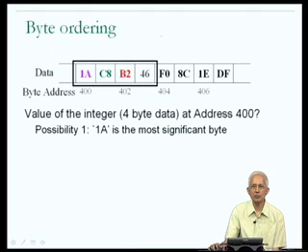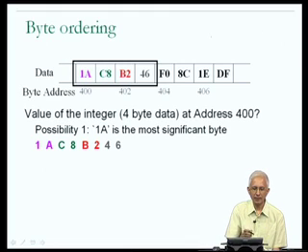It is the byte which contributes the most to the value. In other words, it contains the most significant bits of the 32-bit unsigned int. So if this is the case, then 1A C8 B2 46 has 1A as the most significant byte and 46 as the least significant byte.